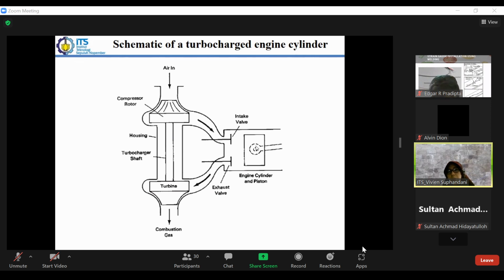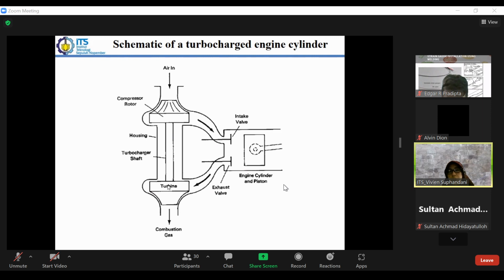and this turbine is driven by the exhaust gas. When we have the diesel engine, the gas is released through the exhaust valve, and because the temperature is high and we also have quite a large compression ratio, it means that we have a large flow rate of air as well.